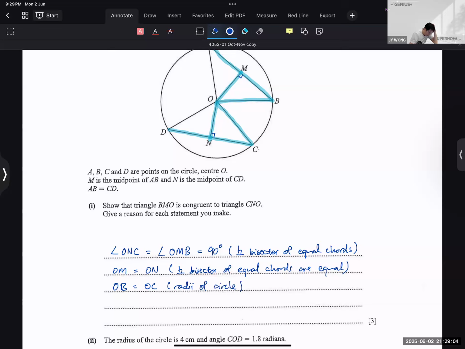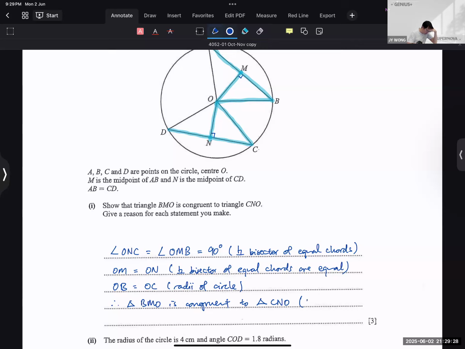Are you sure it's SAS? Therefore, triangle BMO is congruent. It's not SAS. You can use SAS in this question, but I did not use SAS. What did I use?